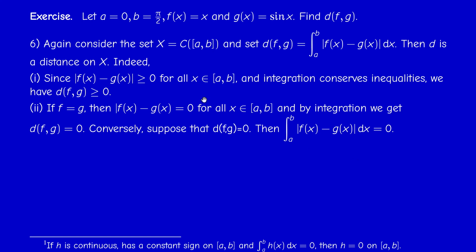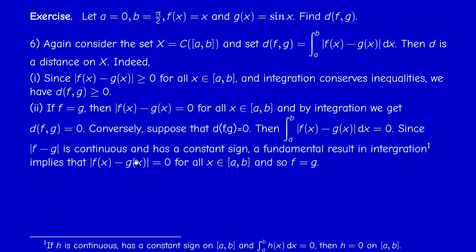This is where I use continuity, actually. If f and g are continuous, then their difference is continuous, and therefore the absolute value of their difference is continuous. So what is inside here is a continuous function, which is non-negative, and its integral is 0, and therefore it's 0. So f of x equals g of x for every x, and therefore f equals g. So this is the only non-trivial point here.